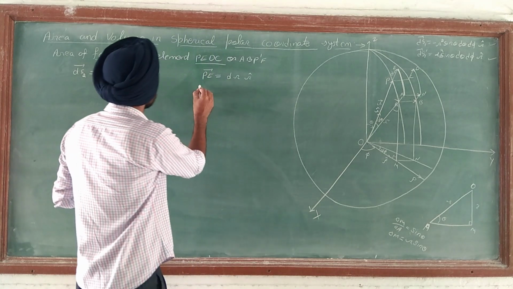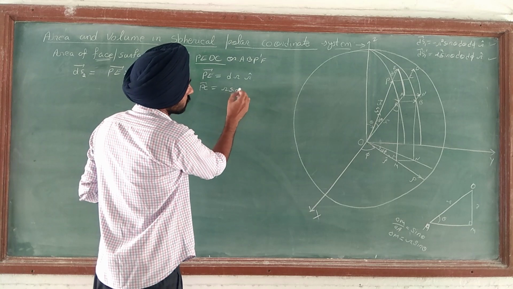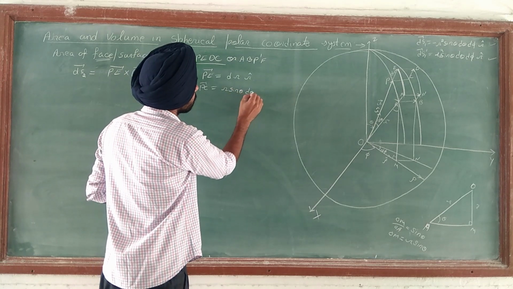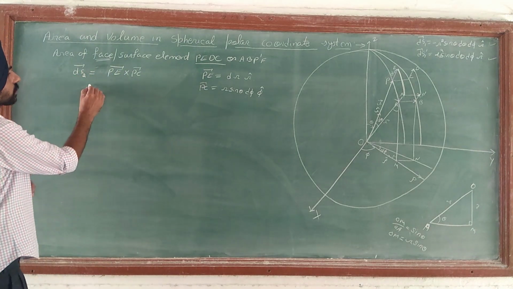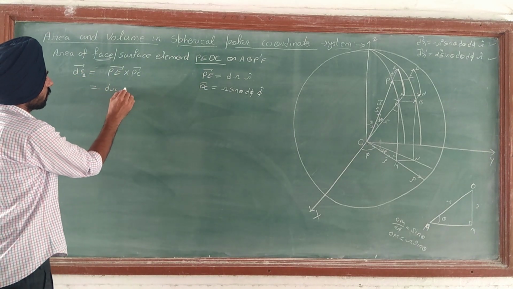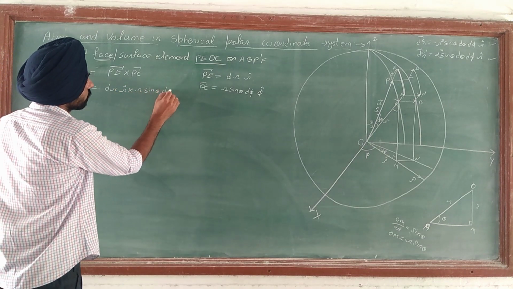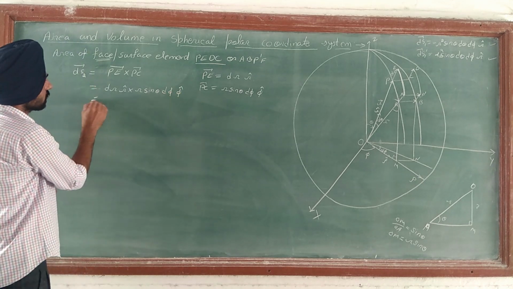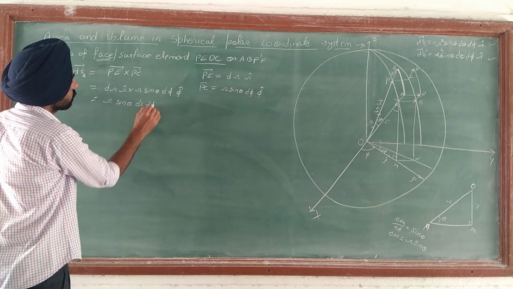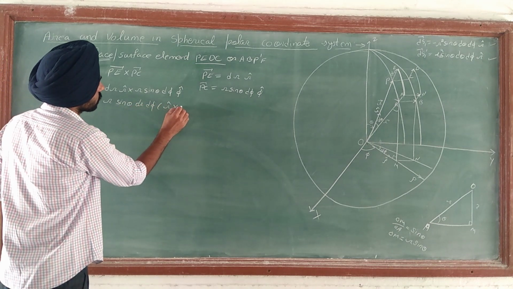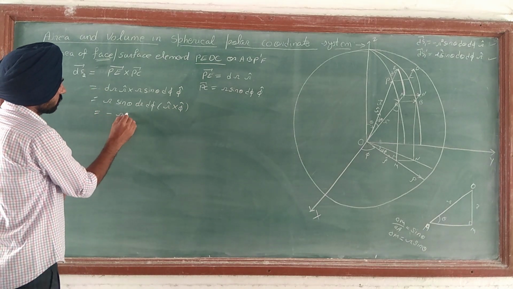We have already discussed that PC equals r sin θ dφ φ cap. So let us substitute: dr r cap cross r sin θ dφ φ cap. It is r sin θ dr dφ r cap cross φ cap. r cap cross φ cap is minus θ cap.